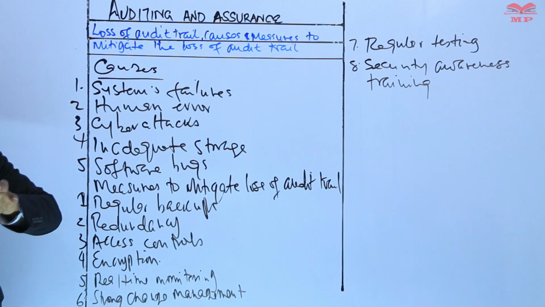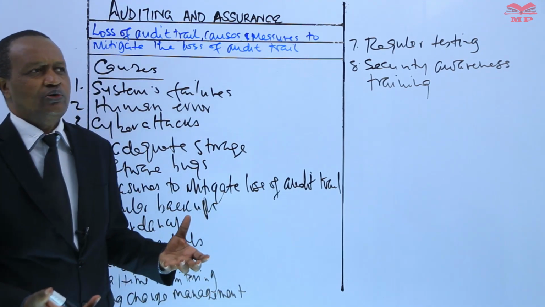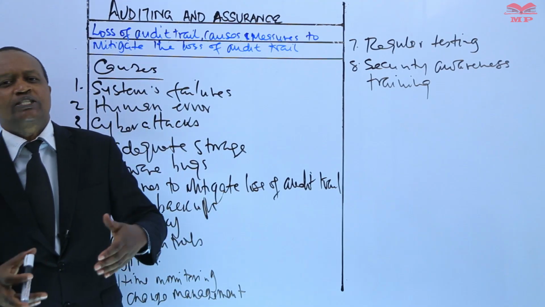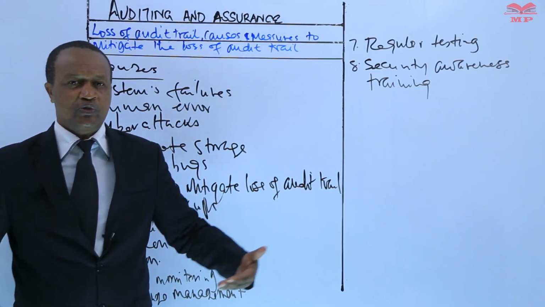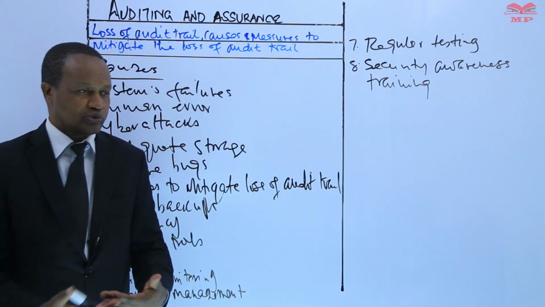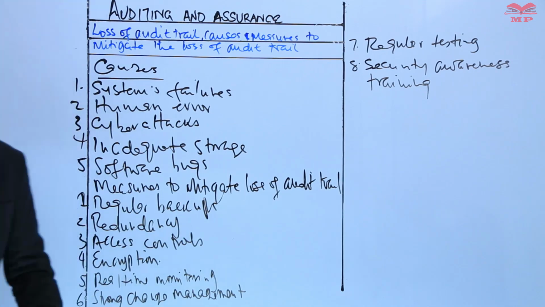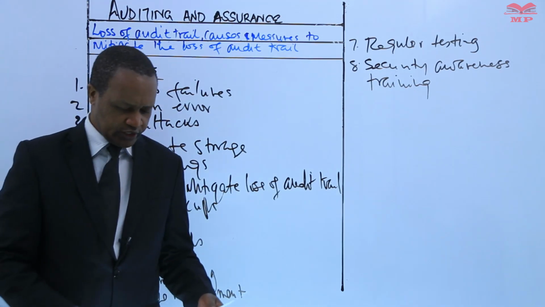That is not only in meeting regulatory requirements or internal policies, but it also strengthens the overall security posture of the organization. You understand? So that is all for today's lesson, where we have discussed the causes of audit trail loss and the measures to mitigate the loss of audit trail.